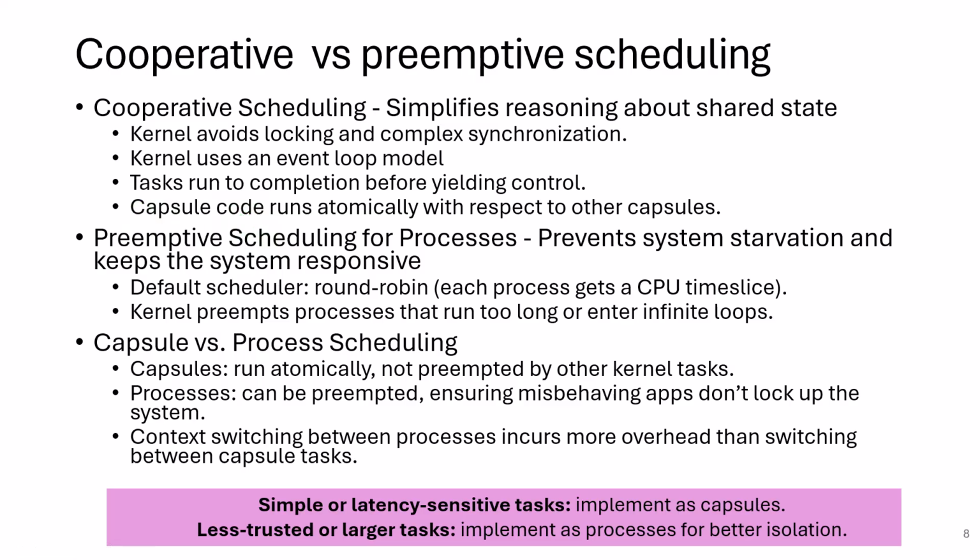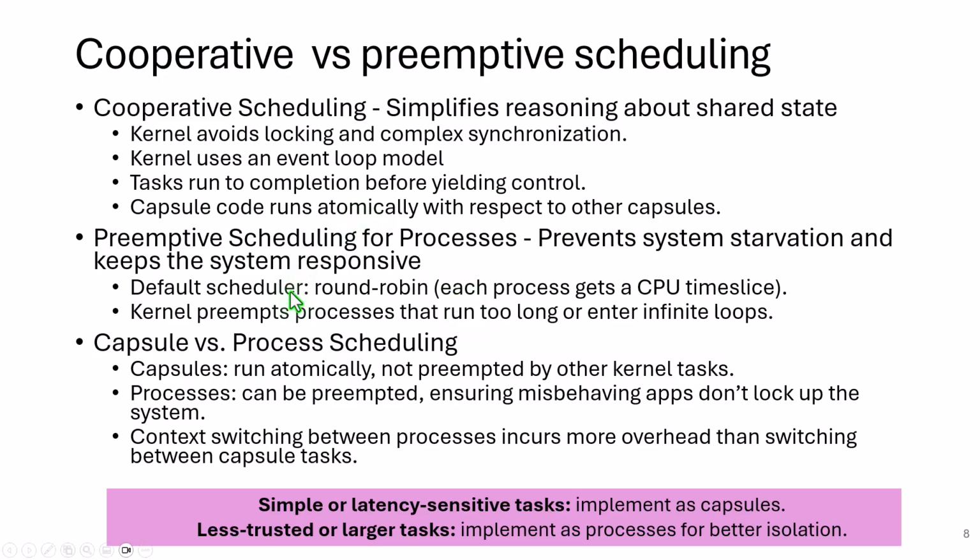A lot of times, preemptive scheduling for processes is used, and that's to prevent one process from hogging all the CPU cycles from the other processes or from capsules. That's really important for a responsive embedded system where you have times that need to be near real time.